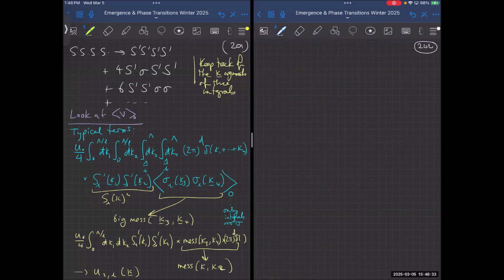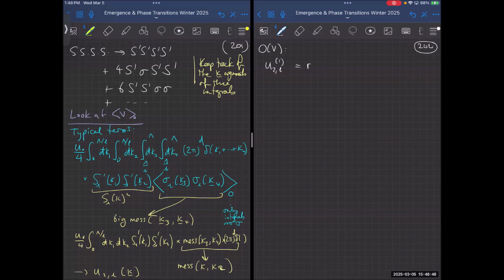Okay, so let me tell you what the result is. To order V, here is the result. We have U2L. I'm putting a 1 here because this is the first order calculation.